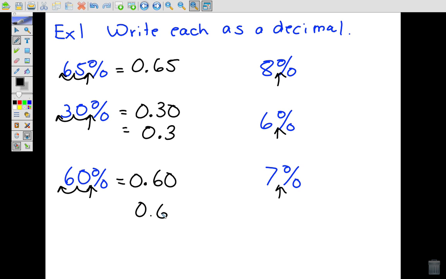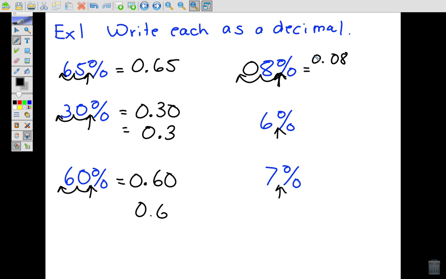Now it becomes a little harder on the examples to the right. Now notice that here on 8%, I got to add a 0 in front so that I can move it 2 places to the left. So now I have 0.08, then I'll stick a 0 in front there, so 0.08.